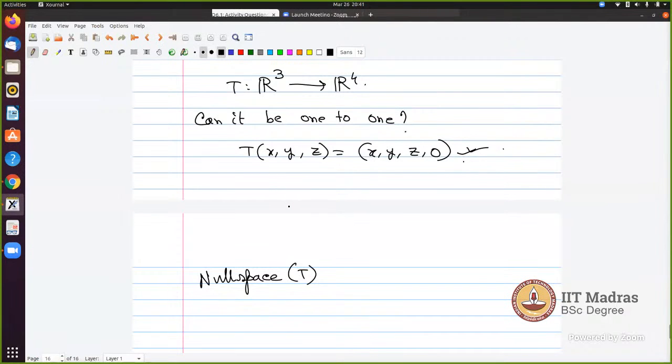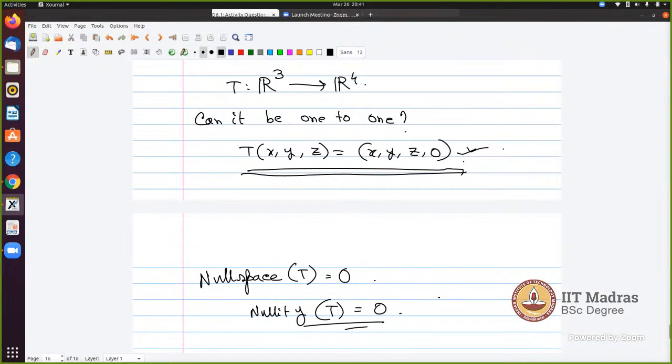There we can also say that the 1-to-1 relation is possible, because he has already given an example, T(x,y,z) equal to (x,y,z,0). If we calculate this null space, it is indeed (0,0,0). Only the 0 vector is in the null space. So the null space is indeed the 0 vector space, so nullity is 0. Yes, correct.